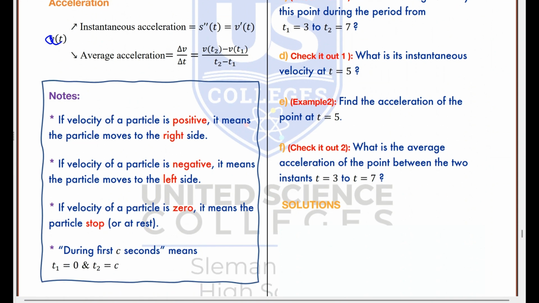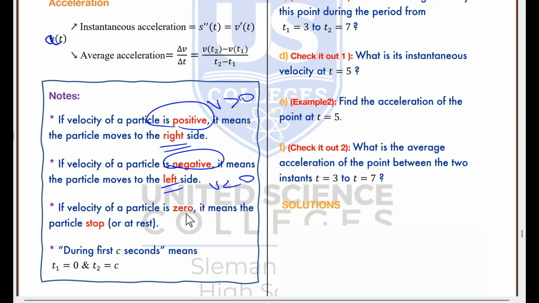Alright, there are some notes we need to know to understand the questions. If the question says the particle moves to the right, it means the velocity is positive. If the particle, an object, moves to the left, it means the velocity is negative. Here velocity is positive, here in this situation velocity is negative.